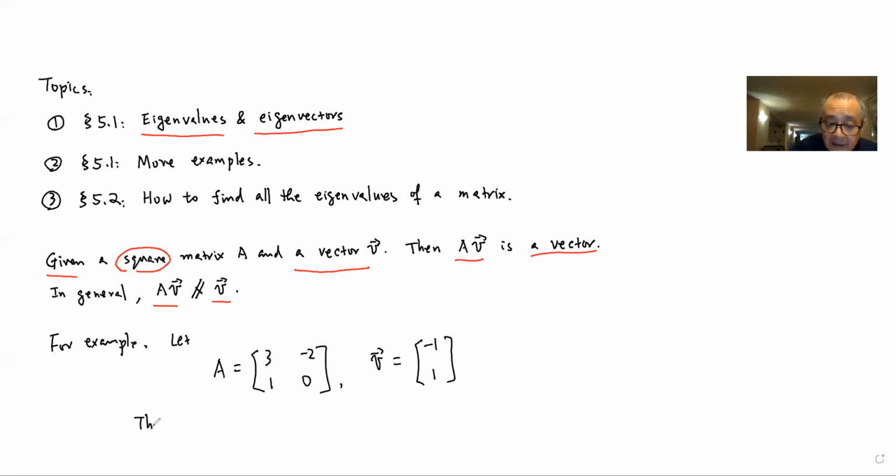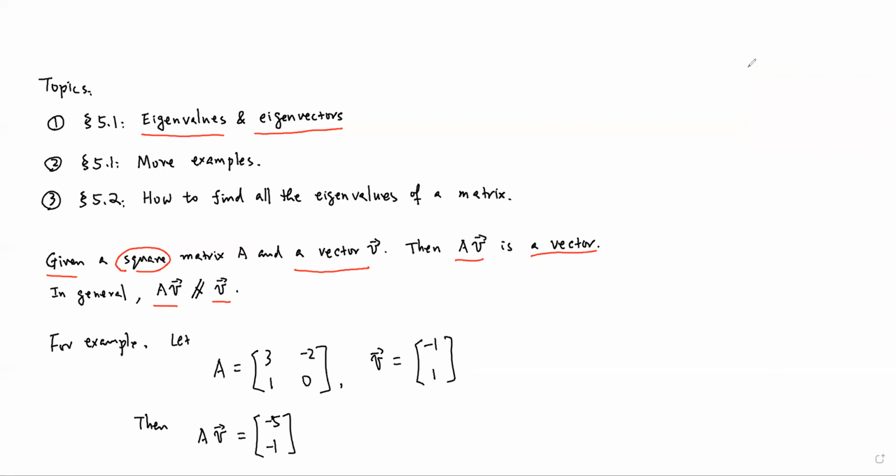Then A times V is (-5, -1). A times V is this vector, but this new vector is not parallel to the old vector. How to see that?